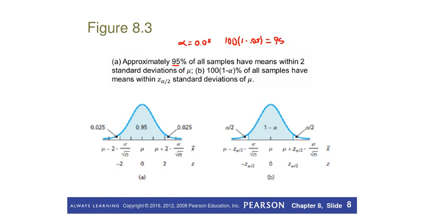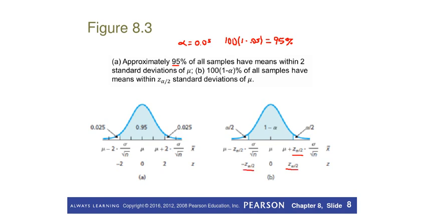Well, what does that mean to us? 95% is sort of an arbitrary number. We're interested in when 95% of the data falls within those 2 data points, but what about any other percentages? Well, this number right here, z alpha over 2, expresses the actual z value.